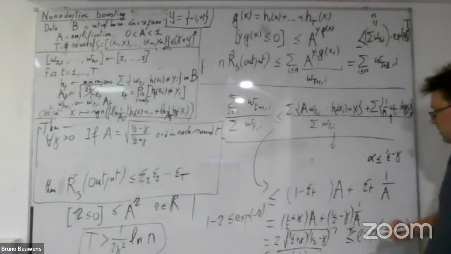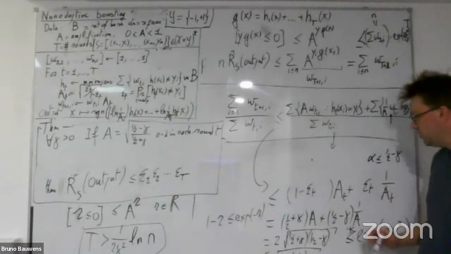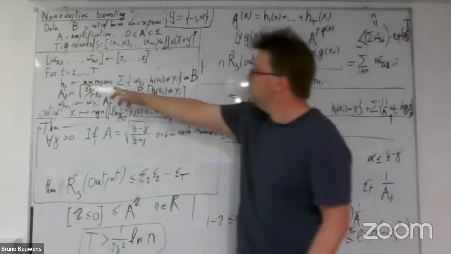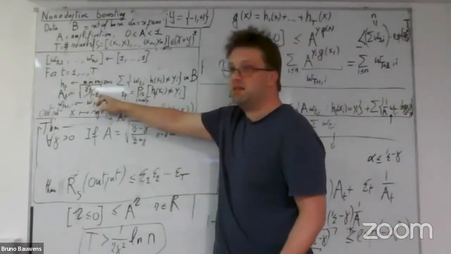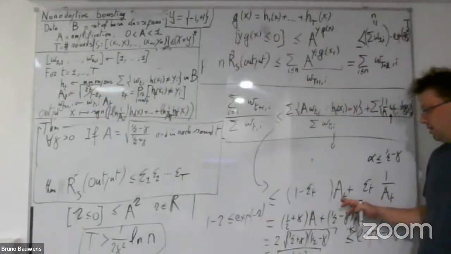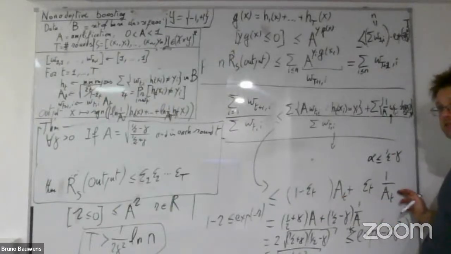Okay, and now there is an important remark. How did we choose A_t? There is a special value A_t, square root of epsilon_t over 1 minus epsilon_t. This value of A_t minimizes the sum.